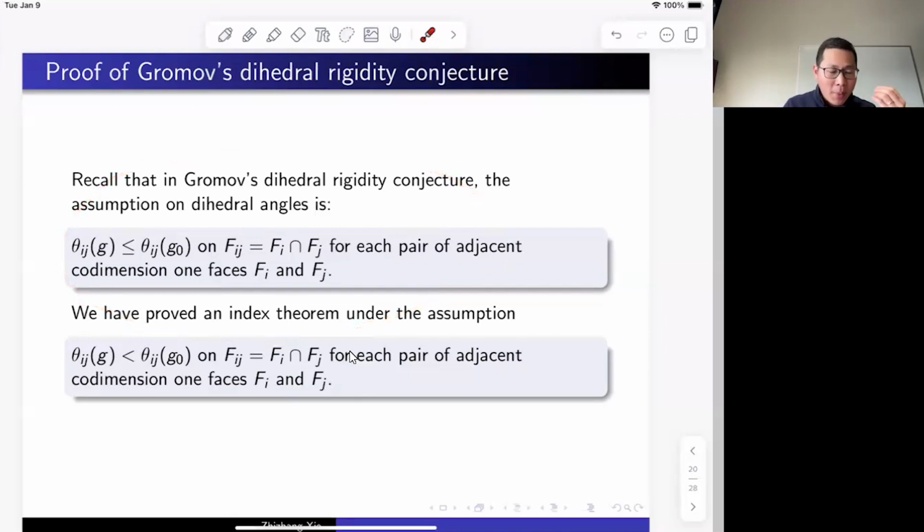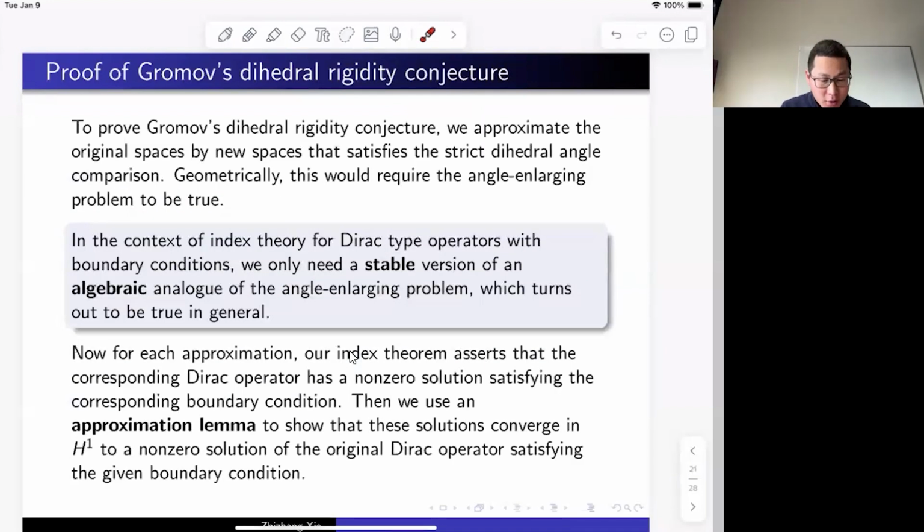Now, how do we get back? Because for the index theorem, we do assume the strict inequality, but how do we get back to the original condition, which is the dihedral angle non-strict comparison? So here's the trick. For the proof, we take the original dihedral rigidity conjecture.